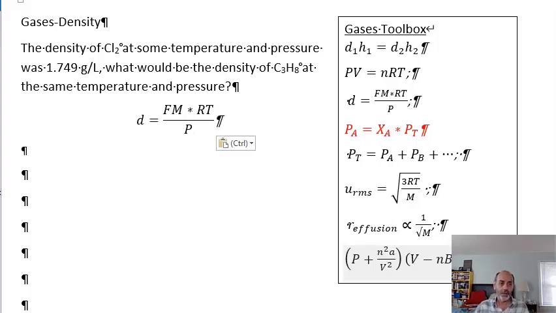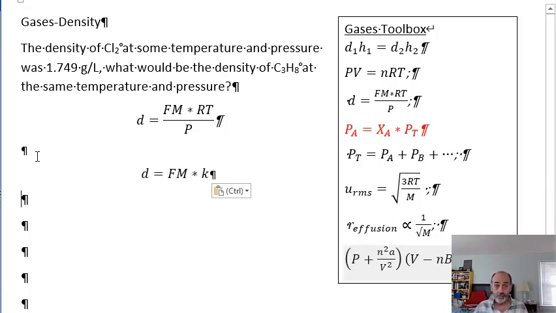Well, you don't need to know them, because in the two experiments, density of Cl2 and the density of propane, they are constant.